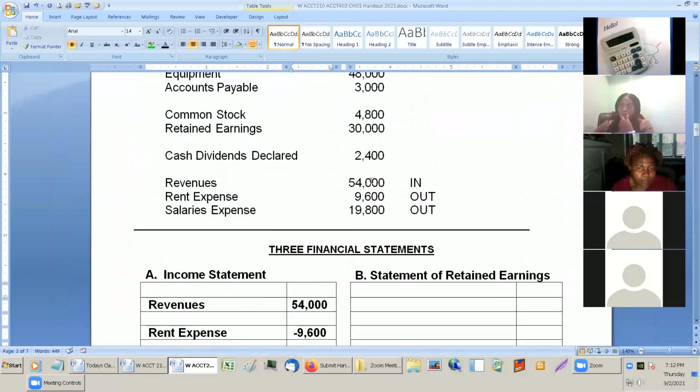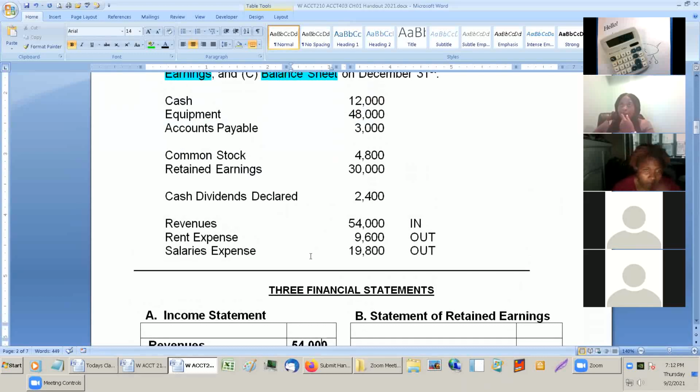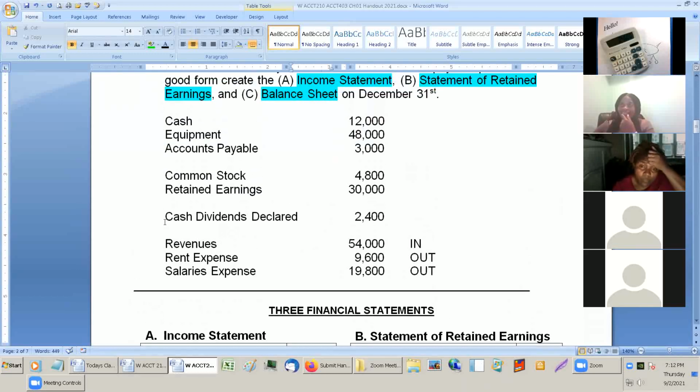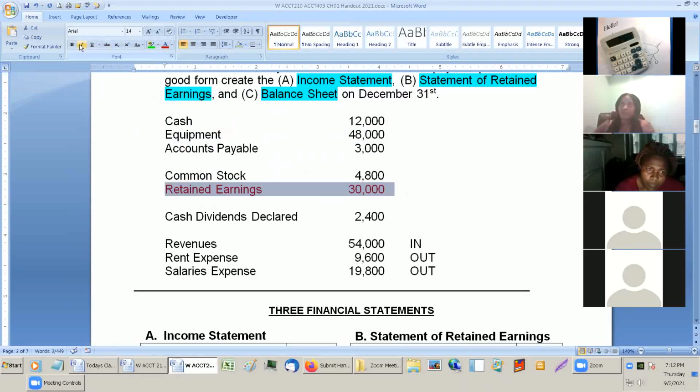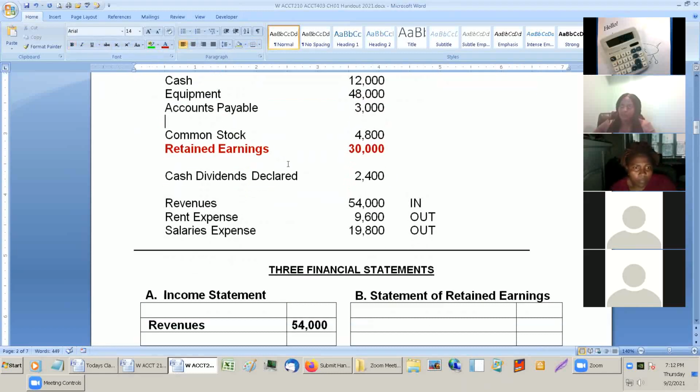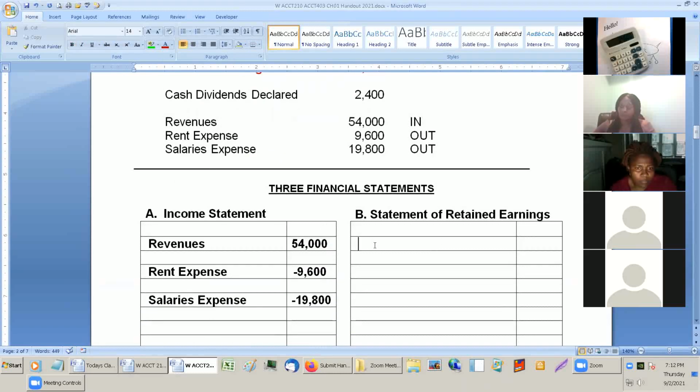Okay, statement of retained earnings. So the account we're going to start out with is retained earnings. Now, here's the thing.